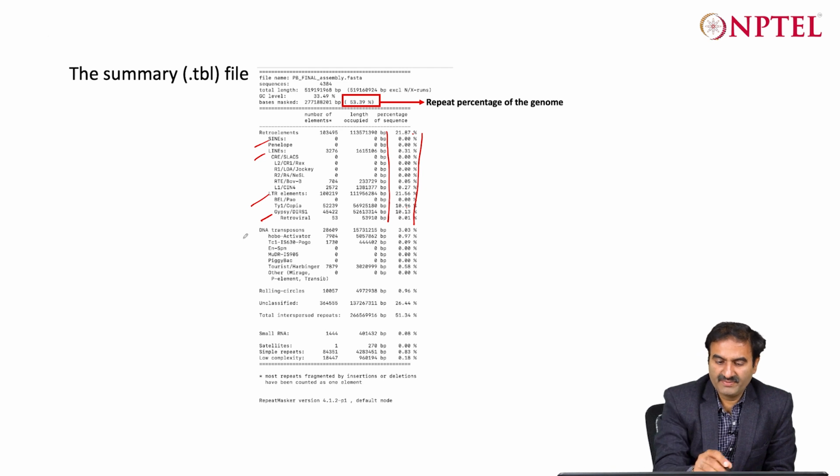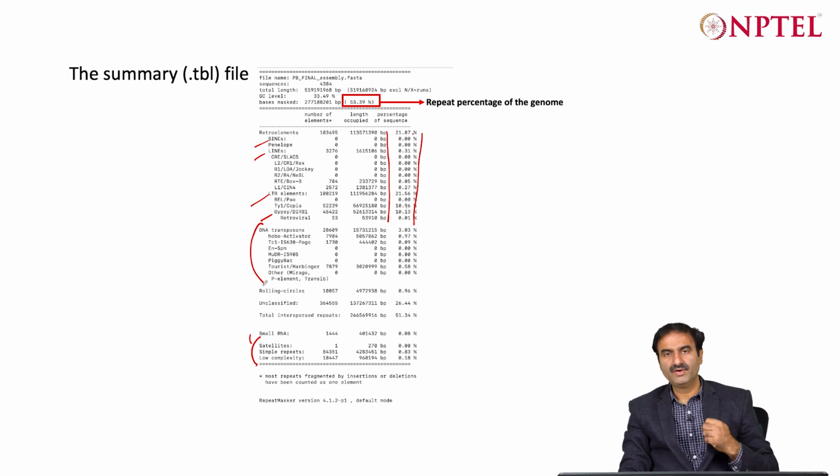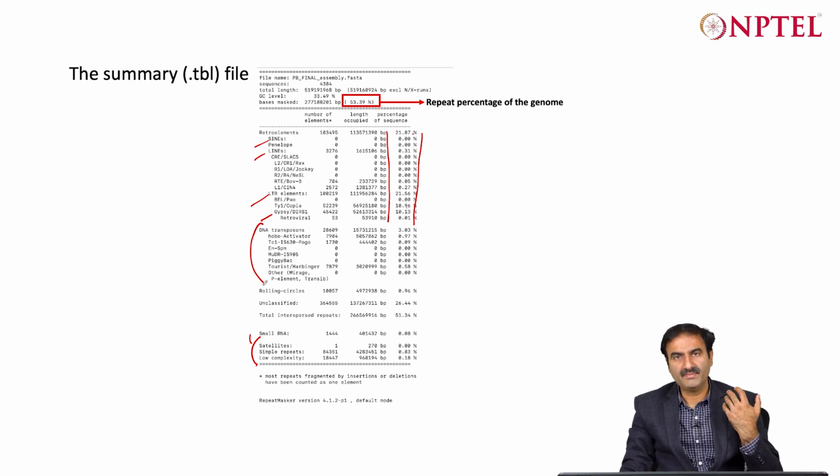And similarly for simple repeats, small RNA, rolling circles, and DNA transposons. So it tells you how many bases, how much region they are occupying in your piece of DNA or genome.